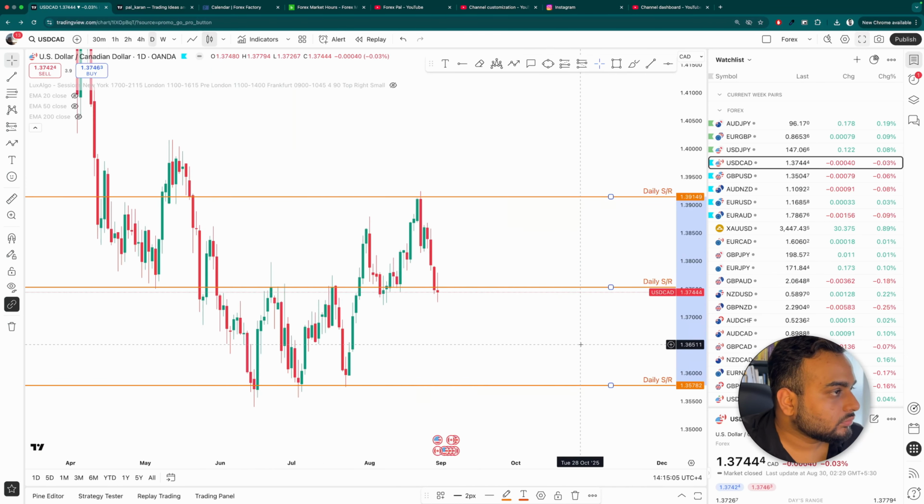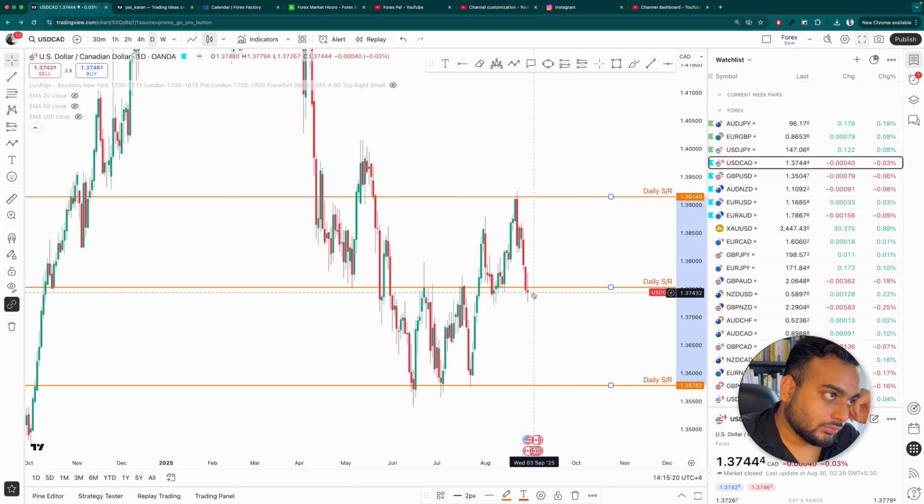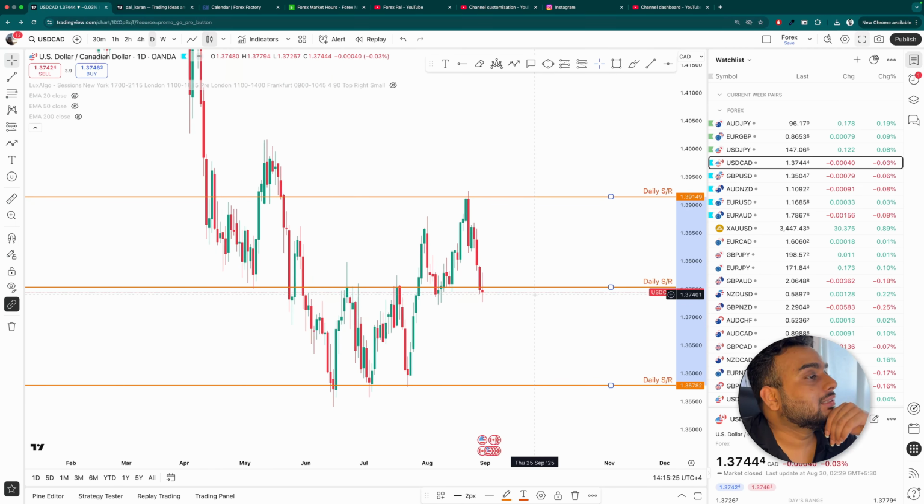Four hour has turned bearish. Daily is not bearish, but the price is really about to break out. But this might be a rejection here. The price might just completely reverse.